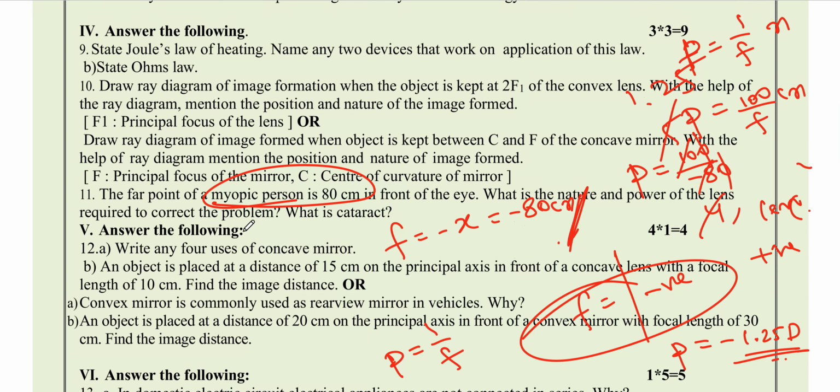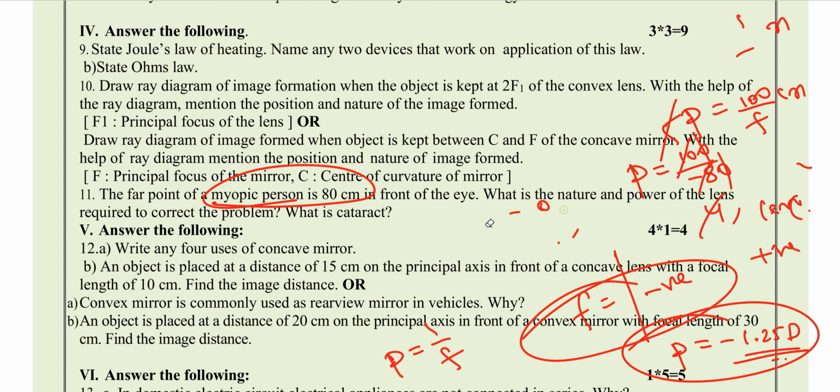So what power of lens is required to correct the problem? Minus 1.25 diopter lens should be used, and that lens should be a concave lens. Write the point. Which lens is used? Concave lens is used. Interesting question. Is the question interesting? Good.